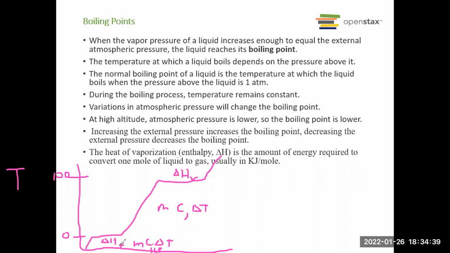Okay. So it's the energy that is associated with getting over the hump to go from ice to water. And that's what you're seeing here. So if you're calculating the energy associated with going from below 0 to, let's say, 120 degrees, which is clearly going to be a vapor, right?